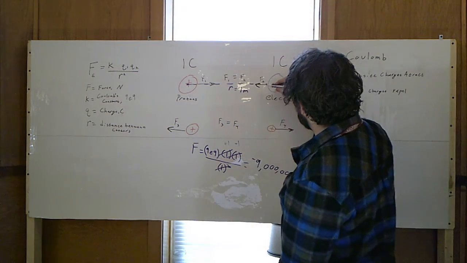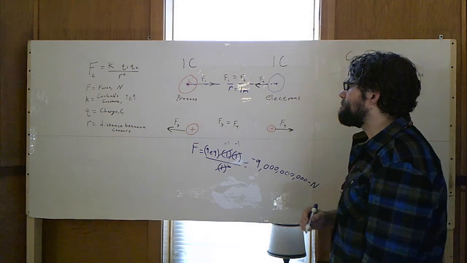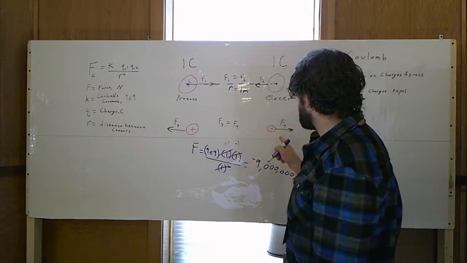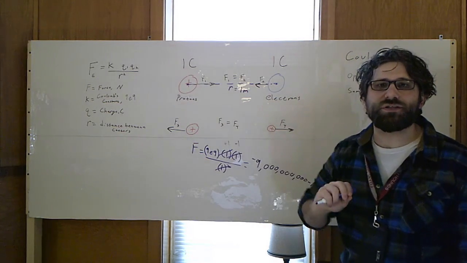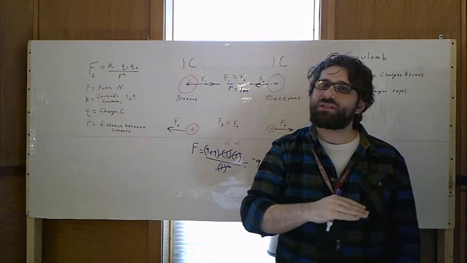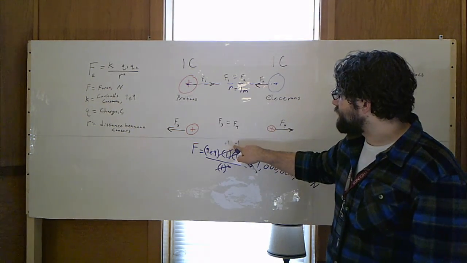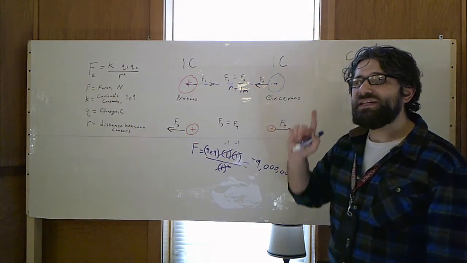So then my force must be negative here. But that's not necessarily true. Remember, in either case, my two forces are going to be going in opposite directions. So one's going to be negative, one's going to be positive, and it's not going to be based on those negative numbers.